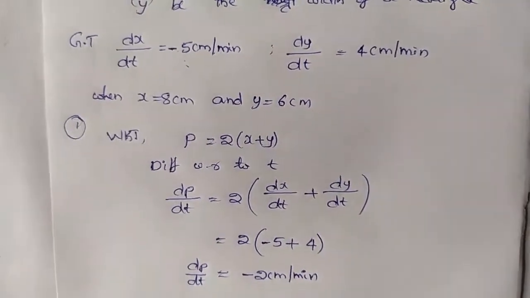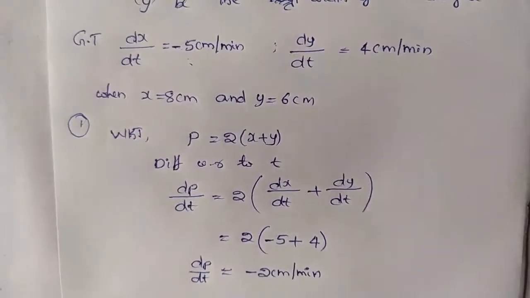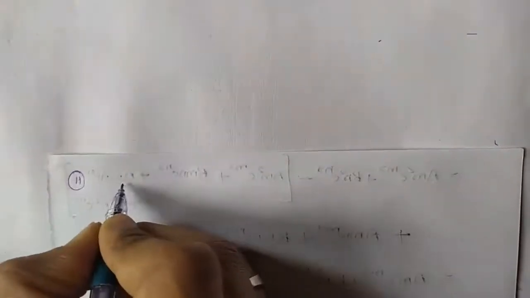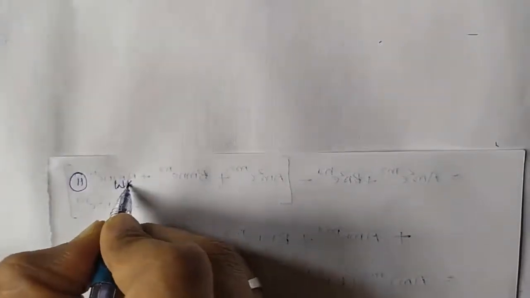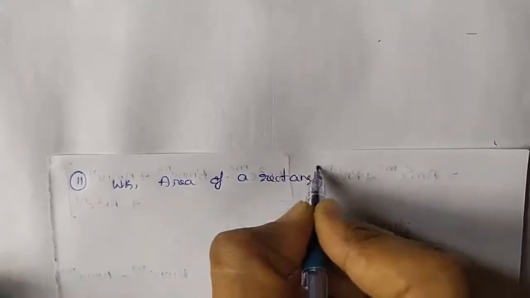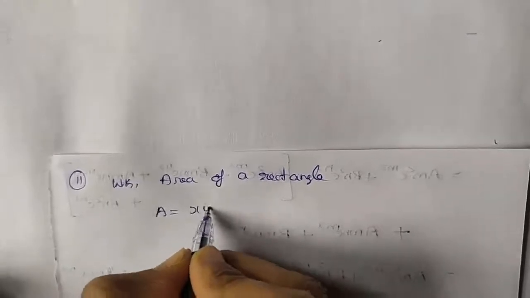Next, second question: what is the area of a rectangle? We know that area of a rectangle is A equals x into y.